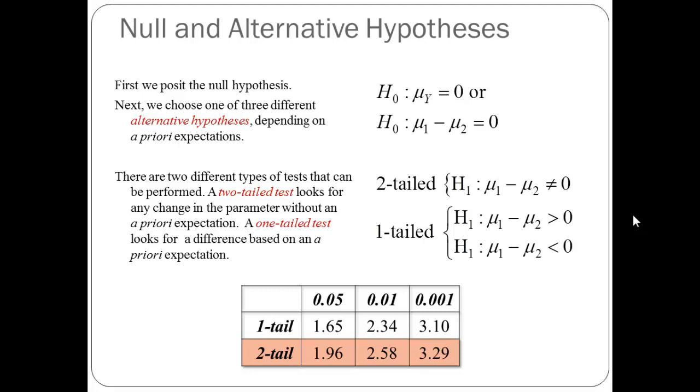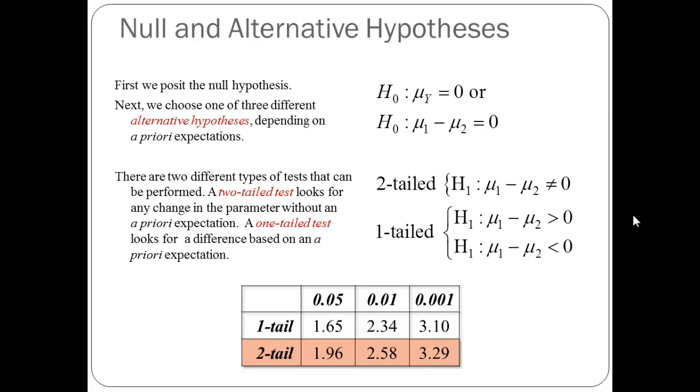If I want to do a one-tailed test, I actually predict a direction, and I might say that I believe, before I do my statistical test, that men make more money than women. And if my mean for men is mu sub 1 and my mean for women is mu sub 2, then my one-tailed alternative hypothesis is mu sub 1 minus mu sub 2 is greater than 0.